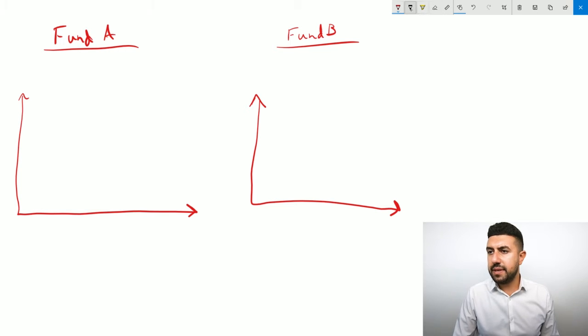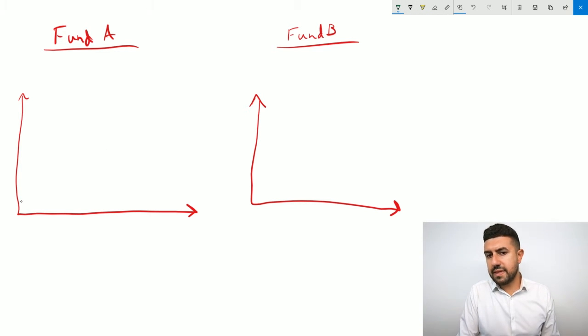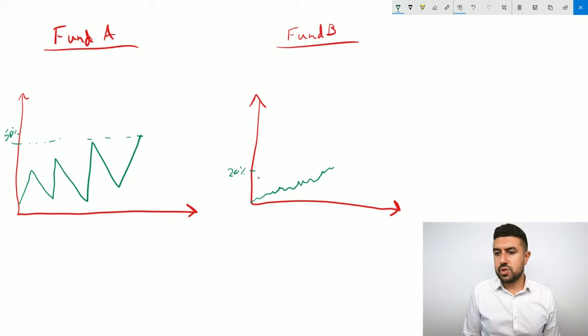For example, let's say the first fund here gave us, at the end of the year, maybe 50% return, right? And then you had Fund B that gave us maybe 20% return, right? So Fund A versus Fund B.